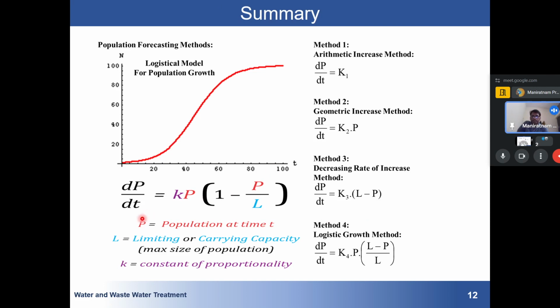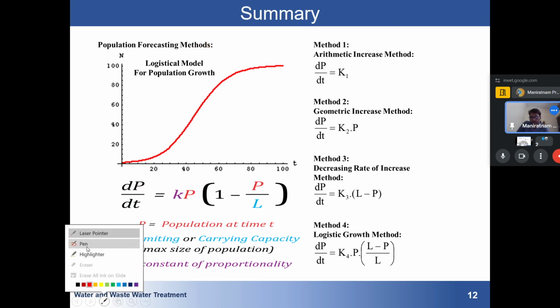As I was saying, apart from all these three methods, right now people are using the logistic model for population growth. It has been seen that population is not growing arithmetically. When we say arithmetic, we say that it is increasing linearly. When we say geometric, we say that it is increasing in this manner.